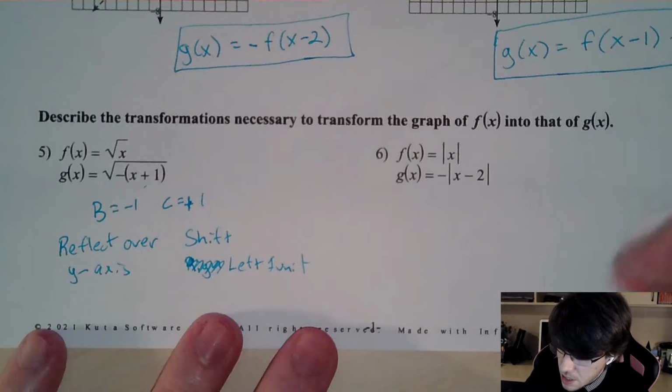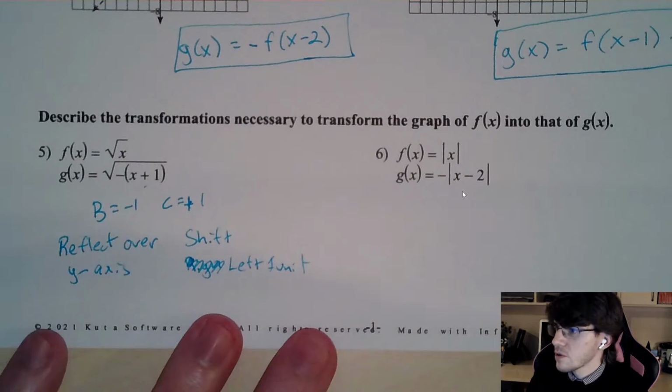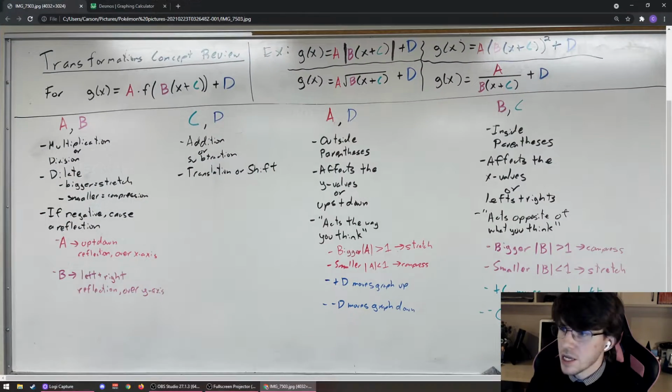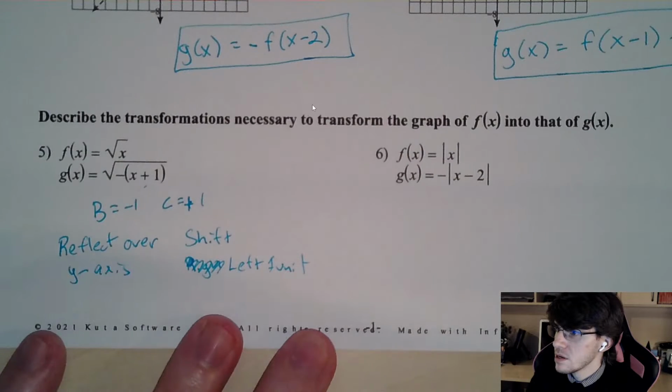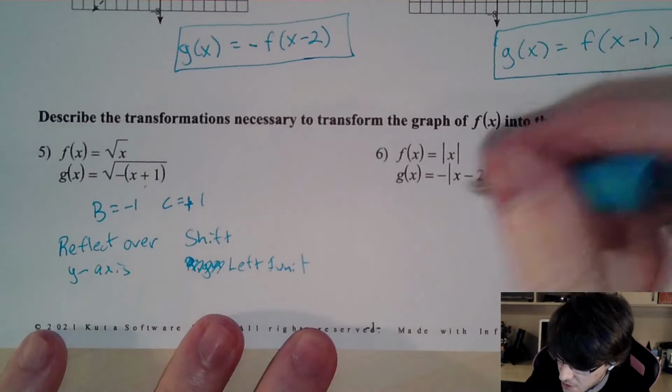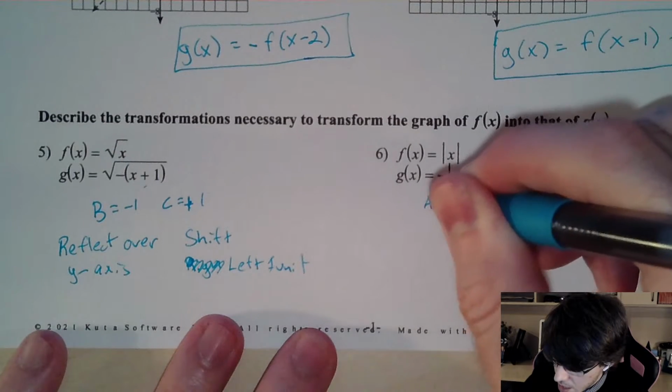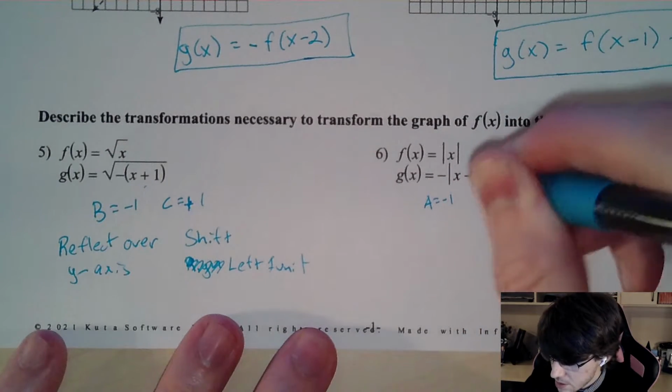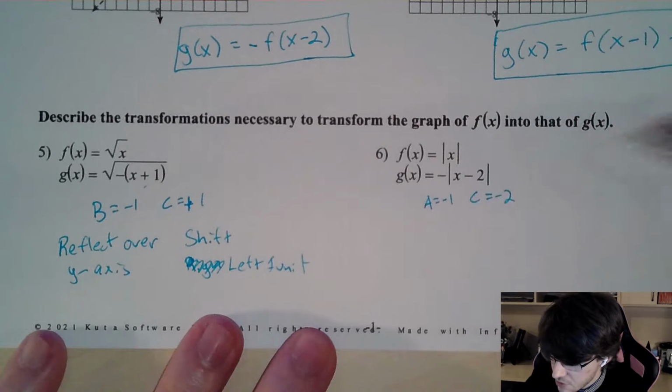Same concept here. We want to look at where this absolute value is. So we're going to take a glance at those notes here, and we have these absolute values. We have the A on the outside, B on the inside, C on the inside, D on the outside. So it looks like we have the outside negative sign. So A is a -1, and here on the inside, C is a -2.